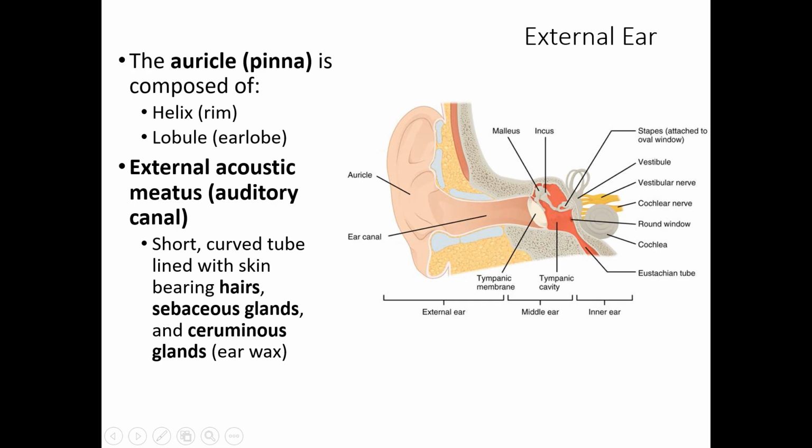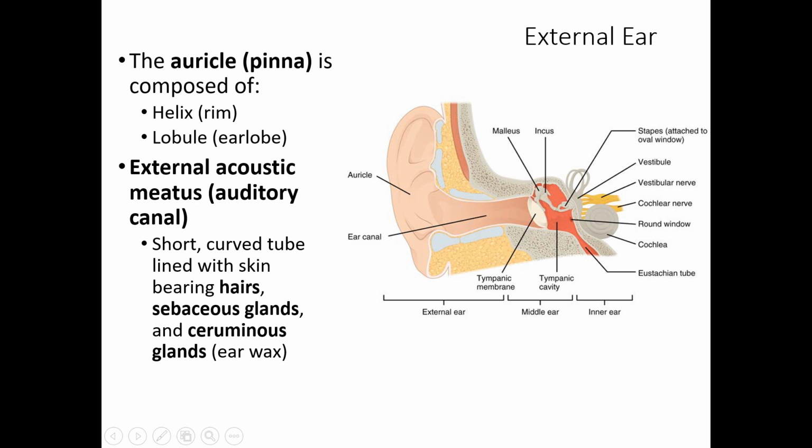External ear, the auricle or pinna, is the outer, visible part of the ear. It's composed of the rim or helix and the earlobe or lobule. Inside there is the external acoustic meatus or auditory canal. It ends with the tympanic membrane.